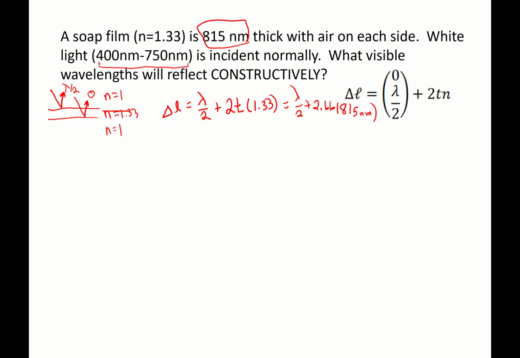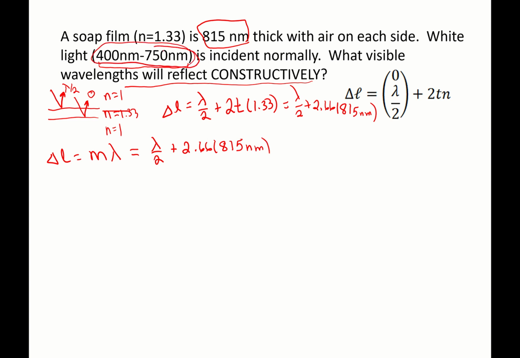Okay, so what I want to do is find what colors I'm going to see. So what I want is m lambda equal to that path length difference. So delta L is equal to m lambda, and delta L is equal to lambda over 2 plus 2.66 times 815 nanometers. And I can leave this in nanometers because I want to find what wavelengths in nanometers.